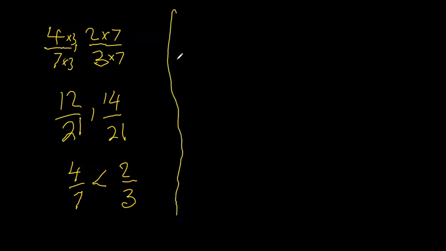I have here 11/15 and 3/5. Right? So here I can see that there's a relationship between 15 and 5, so that will help me establish the common denominator quickly, right?